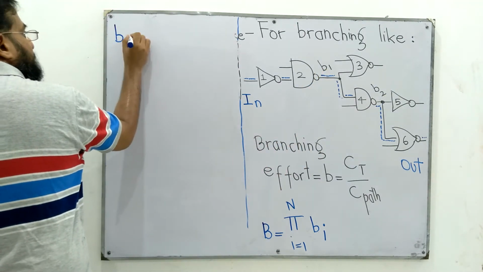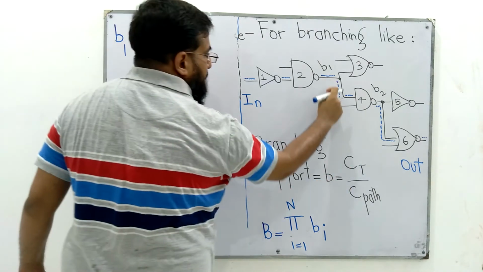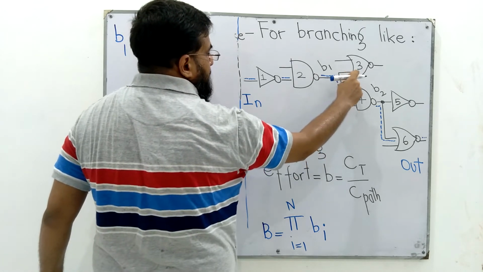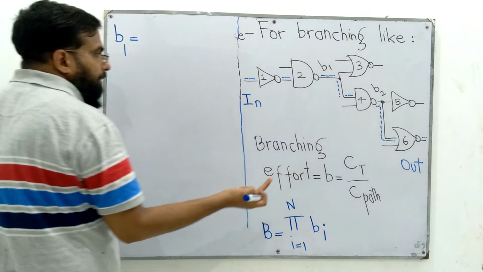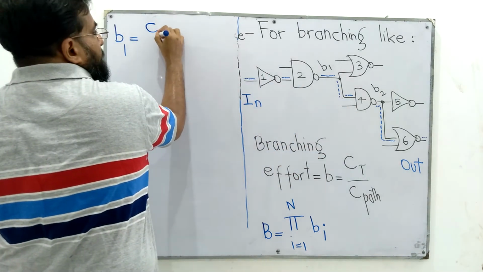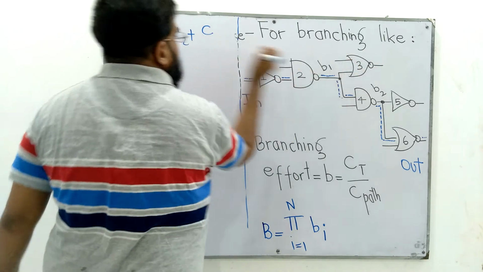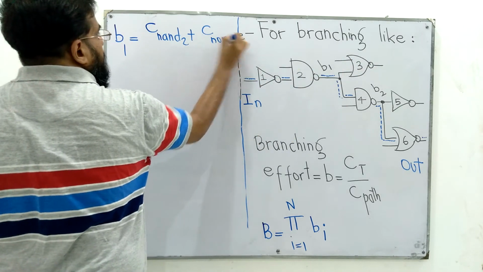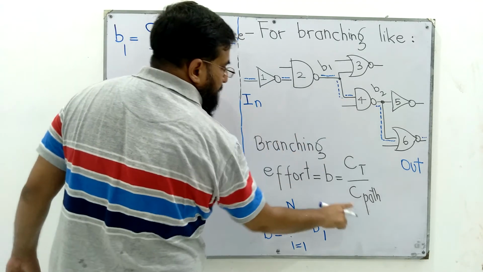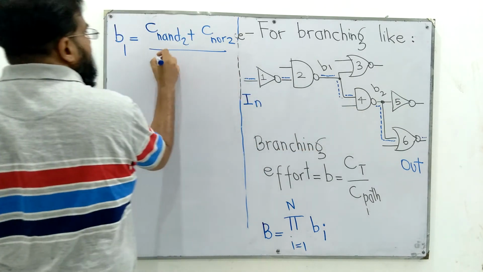For B1, CT, the total capacitance, is the input capacitance of the gate that is in the path plus the input capacitance of the gate that is off the path. The input capacitance of NAND 2 plus the input capacitance of NOR 2 divided by the input capacitance of the gate that is in the path, that is gate number 4, NAND 2.